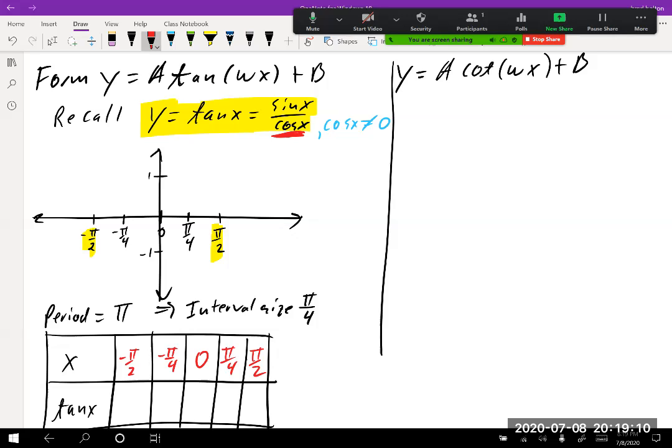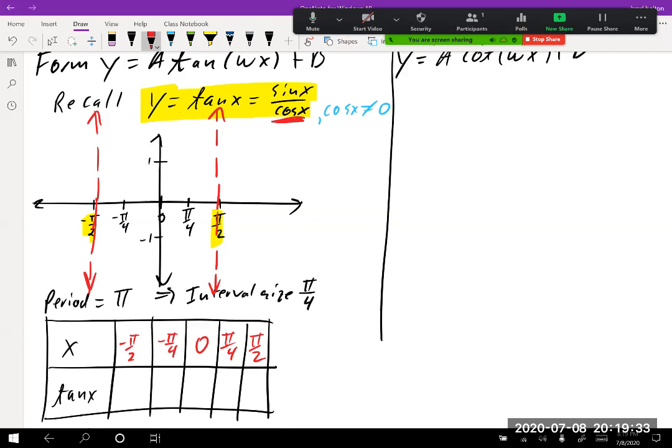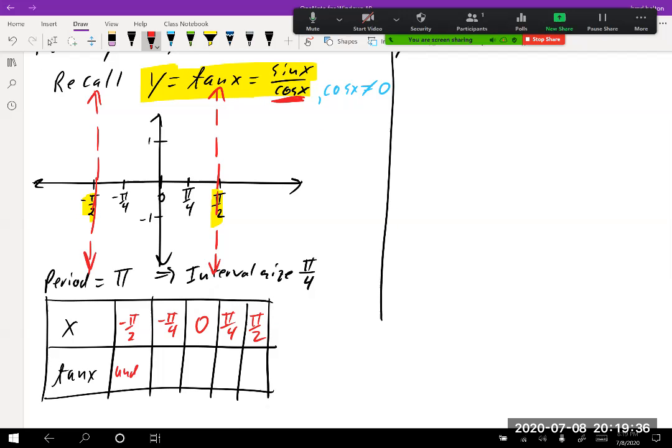That means, as we did in the previous sections, that we're going to have a vertical asymptote there. And that also means I'm going to have a vertical asymptote here. So undefined, undefined, vertical asymptote, vertical asymptote.